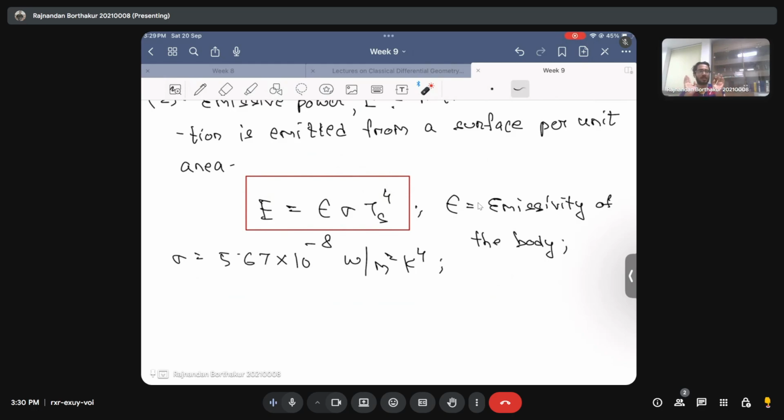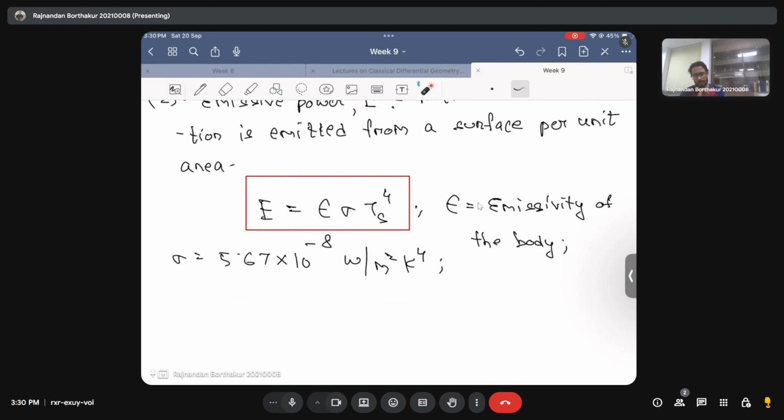That is the only variable on which this emissive power depends. Of course, it depends on the property of the body, which is known as emissivity, and a constant, which is nothing but the Stefan-Boltzmann constant, 5.67 into 10 to the power minus 8 watt per meter square Kelvin to the power 4. And as I repeat, it has nothing to do with the incoming irradiation falling on the body.